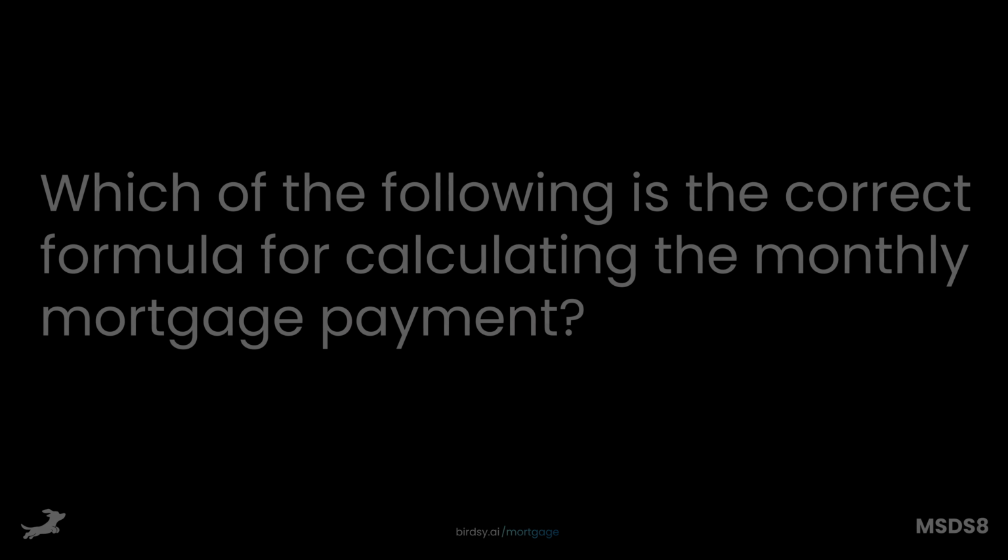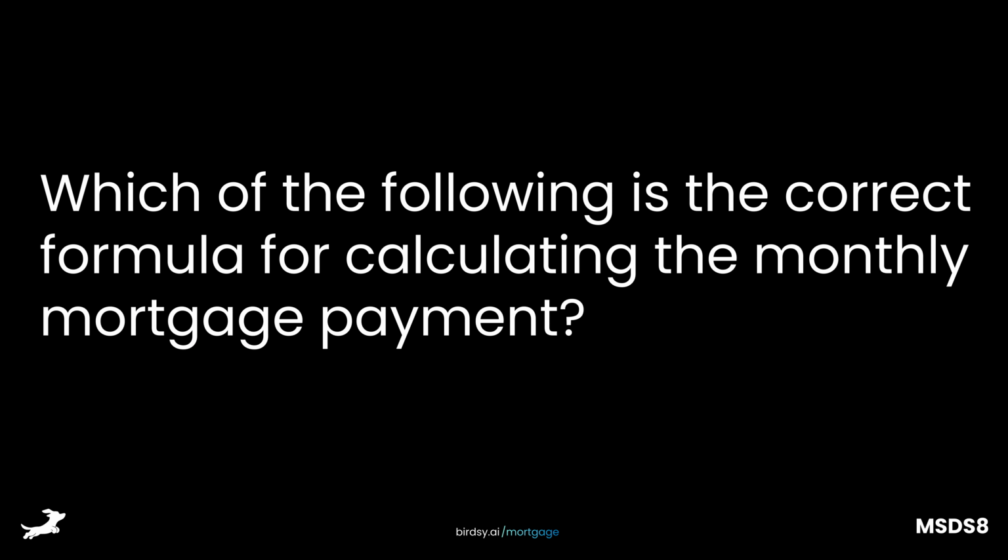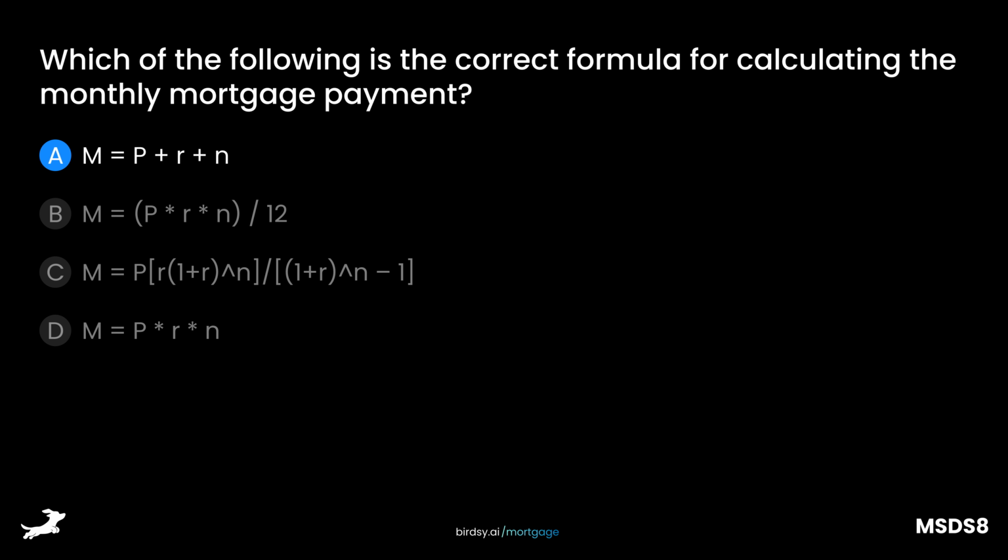Which of the following is the correct formula for calculating the monthly mortgage payment? Is it A, M equals P plus R times N, B, M equals P times R times N divided by 12, C, M equals P times R times (1 plus R) to the power of N divided by (1 plus R) to the power of N minus 1, or D, M equals P divided by N?